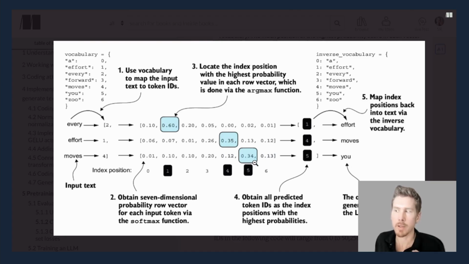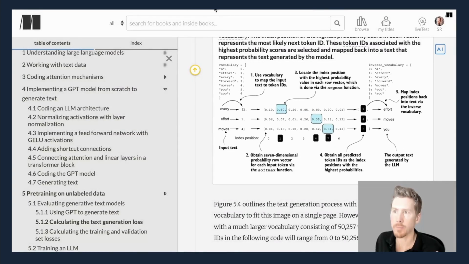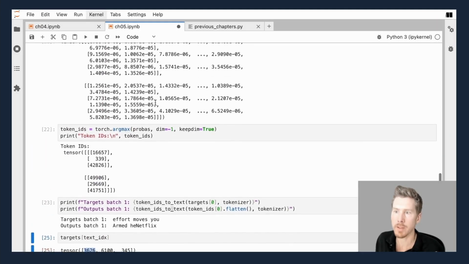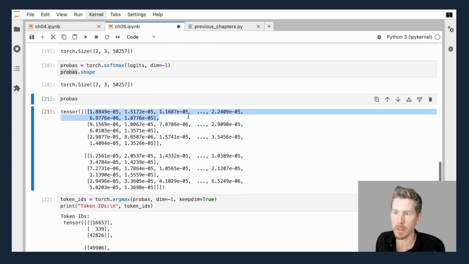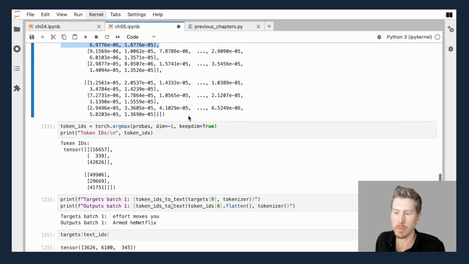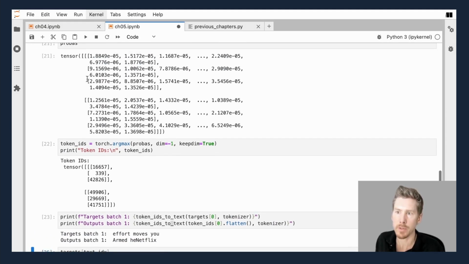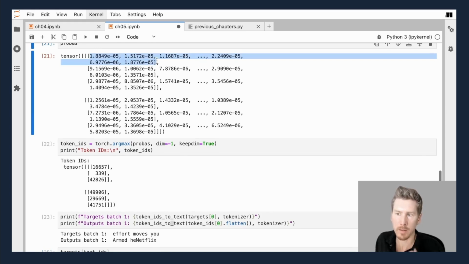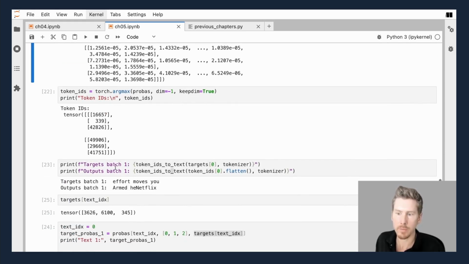But what if, I unfortunately don't have a figure on this, but what if our model is not correct, right? I'm looking up in this first vector what the target ID is, 3,626 for the first row. What is the probability in this one for this position? Because that is the one that we want to maximize.